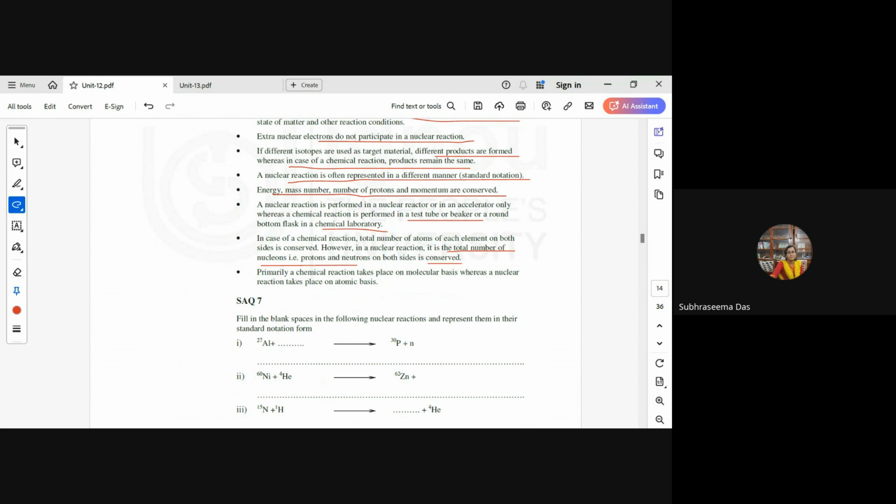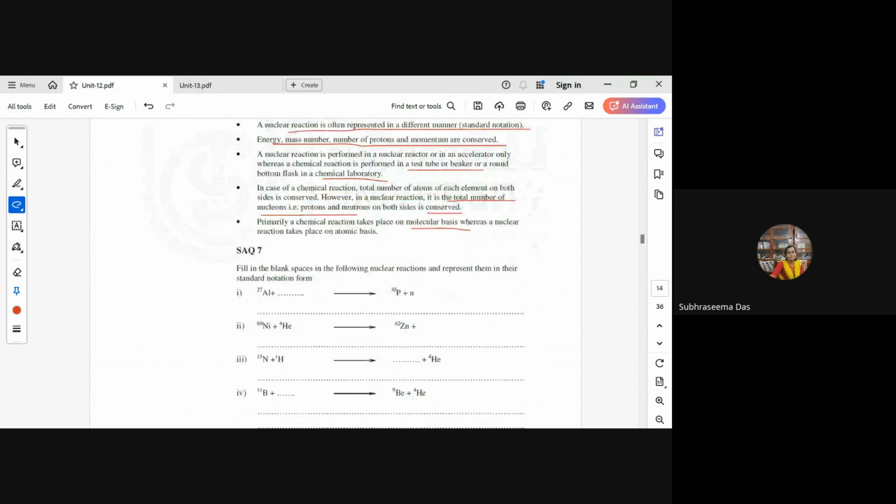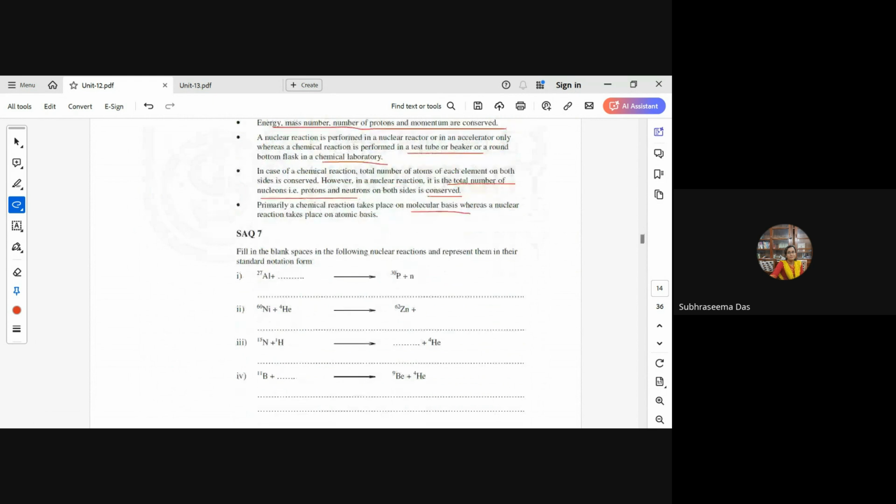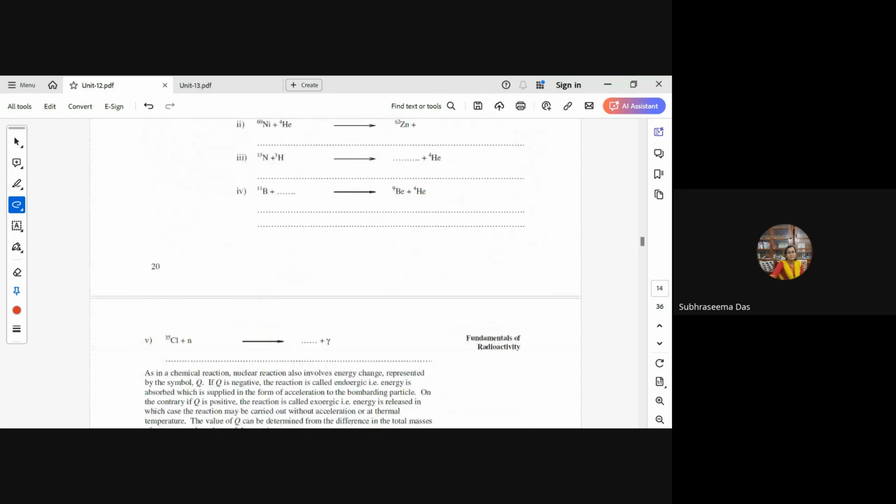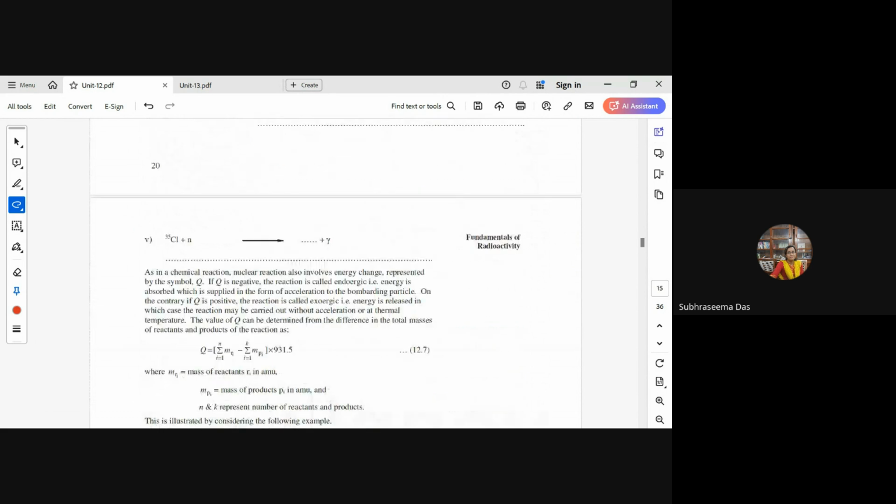This is a very crucial factor. Primarily, a chemical reaction takes place on a molecular basis, whereas a nuclear reaction occurs on an atomic basis and deals with the nucleons, that is, the number of protons and the number of neutrons. These are some of the differences between a chemical reaction and a nuclear reaction.